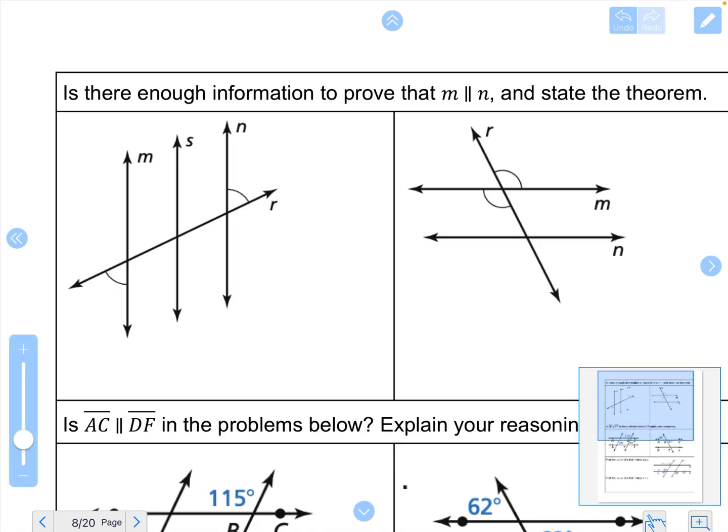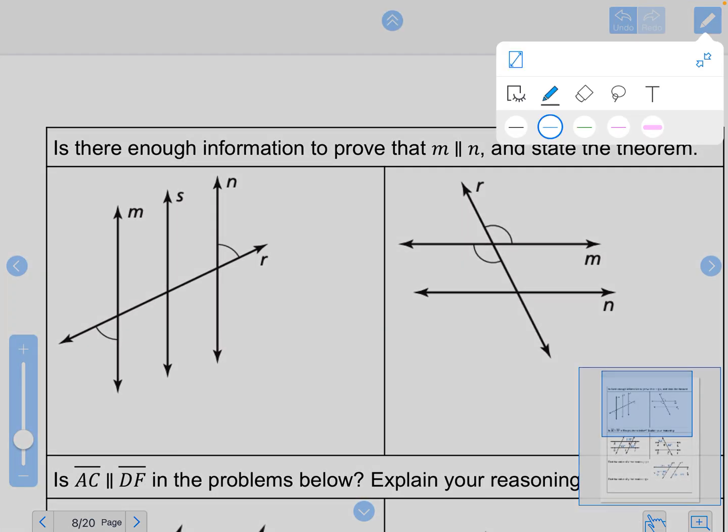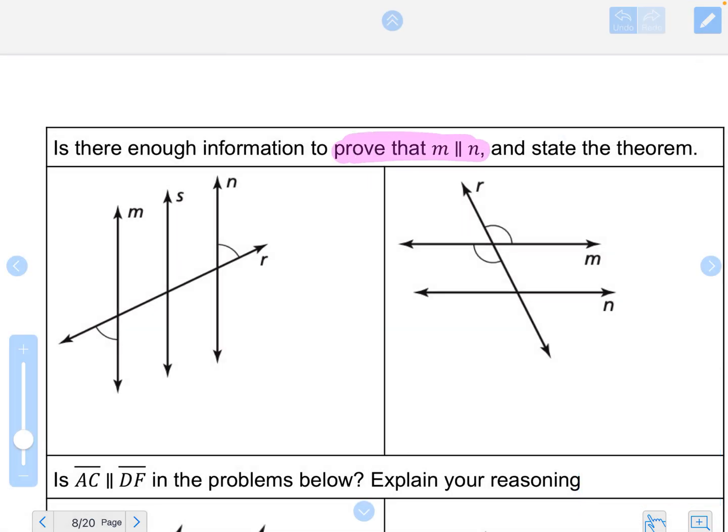So now we're going to get into some proofs and talk about it. We're going to start with some baby proofs, some one-step proofs, and then we're going to get into some full-blown proofs. We're trying to see if we have enough information to prove that M is parallel to N. To prove that M is parallel to N, we must use the converse.